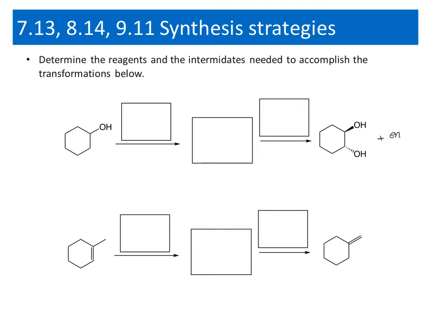Now to answer these types of questions, the very first step is to find this missing structure. And in order to do that, I suggest you start with the final product and think backward rather than starting from the first starting material and thinking forward.